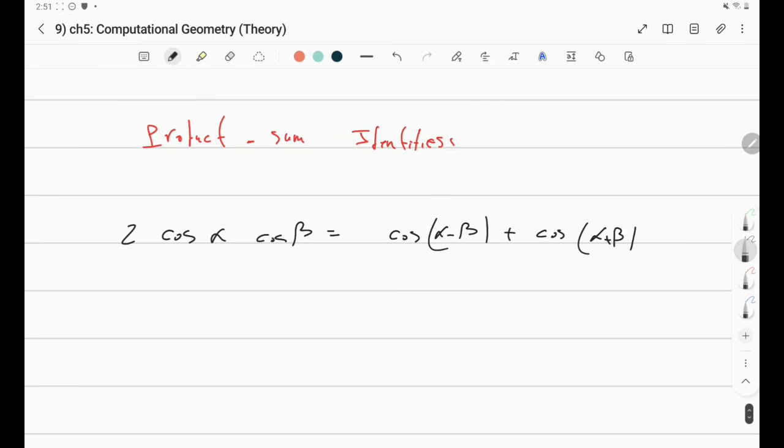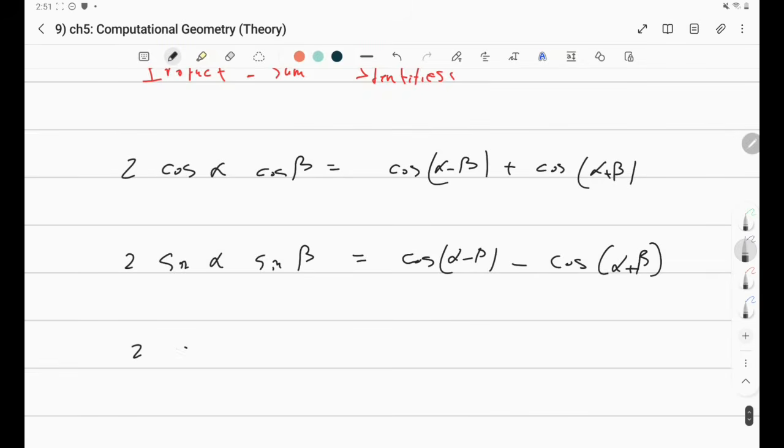That's the first one. You can also write the others. It's going to be cosine of alpha minus beta, minus cosine of alpha plus beta. And you have 2 sine alpha cosine beta is equal to sine of alpha minus beta plus sine of alpha plus beta.